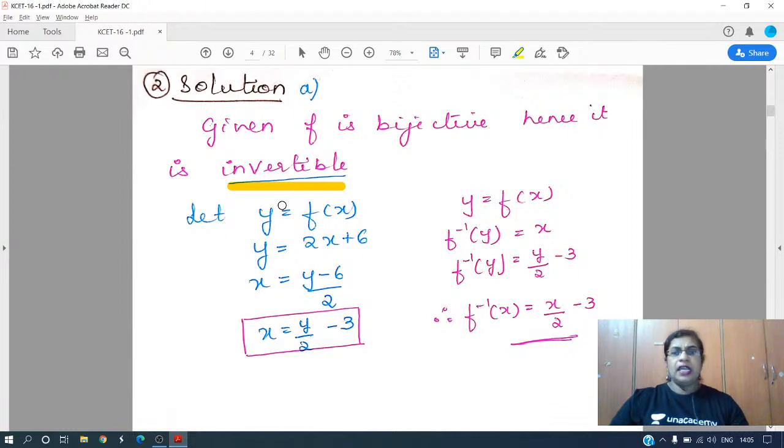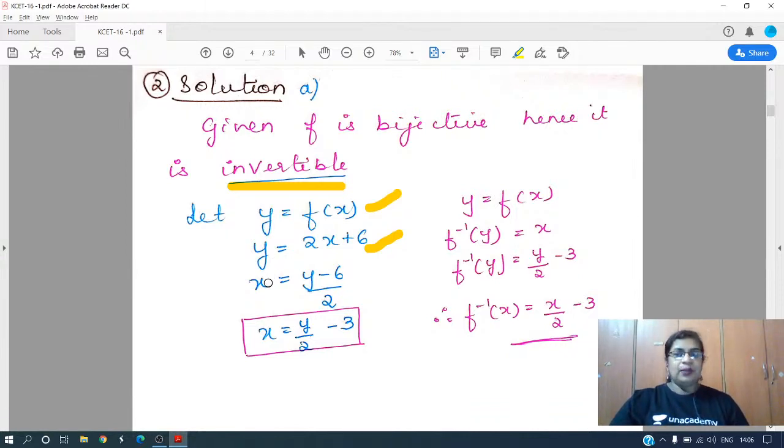Now, what is the condition? Suppose I say, let y be equal to f of x. Who is f of x? The definition of f of x is given to us. So, y is equal to 2x plus 6. From this, is it possible for me to get the value of x? Yes.